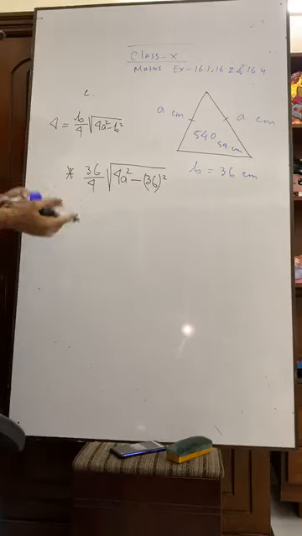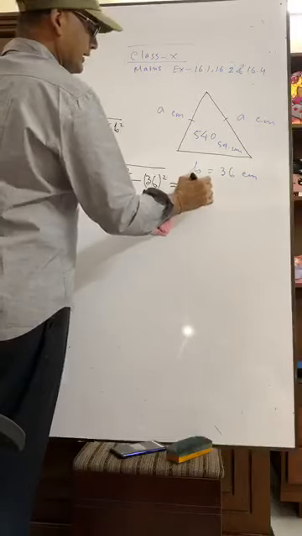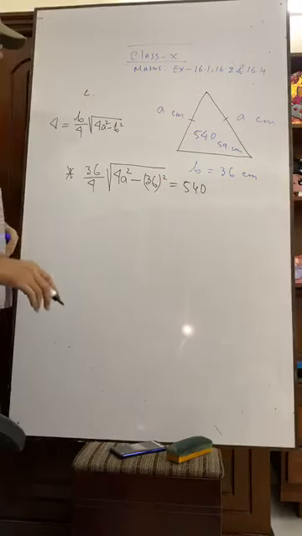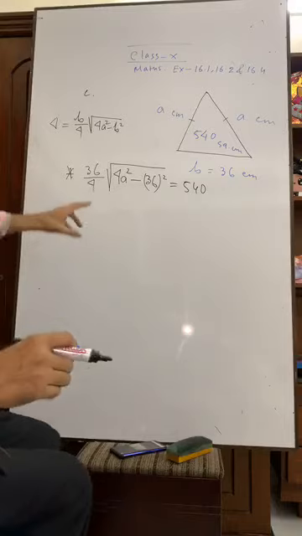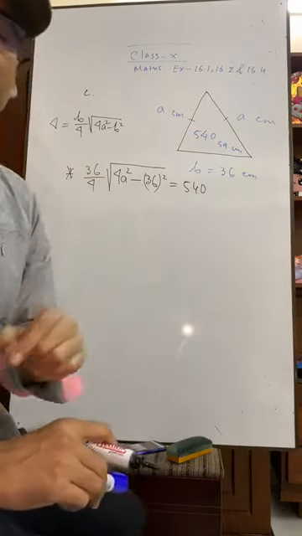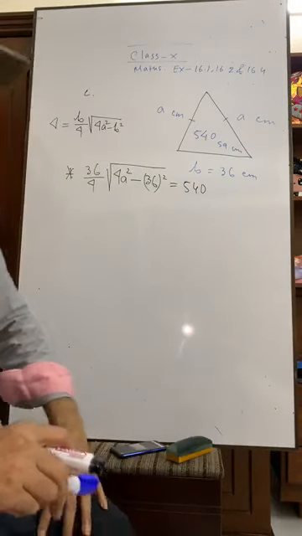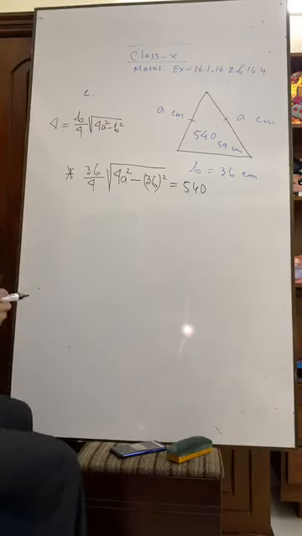B square means 36 whole square is equal to 540. It is given. The area of an isosceles triangle is equal to the area of the given rectangular region. Okay. Now, what can be written from here?